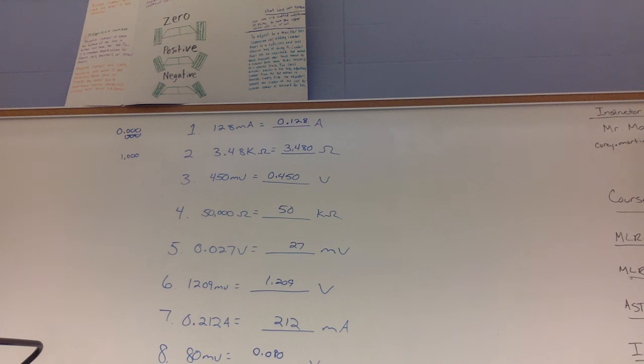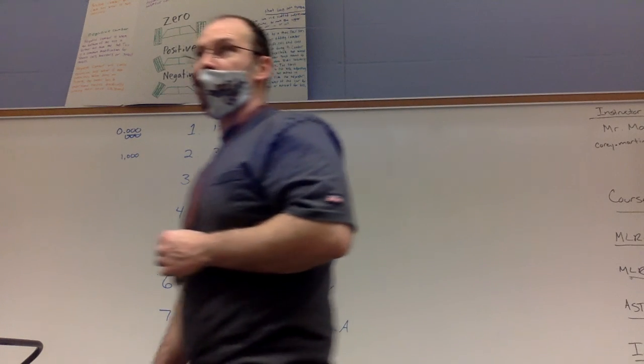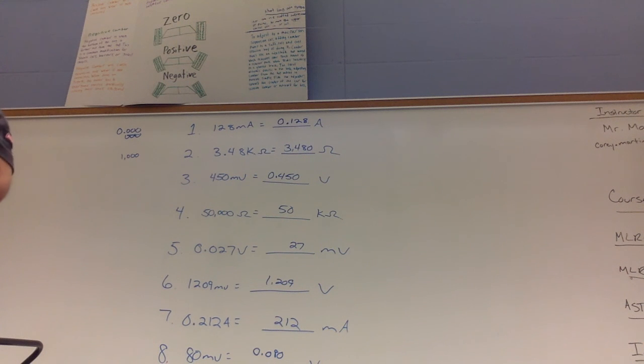So you get 2 kiloohms, or 1 kilohm, 1.5. 20K would be anything between 0 and 20,000. 200,000. Keep on doing the same thing.